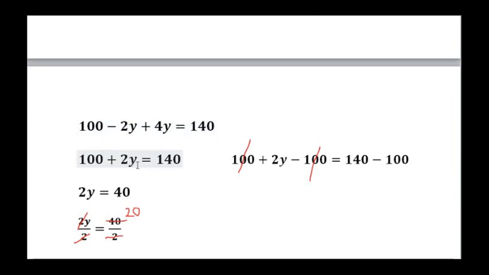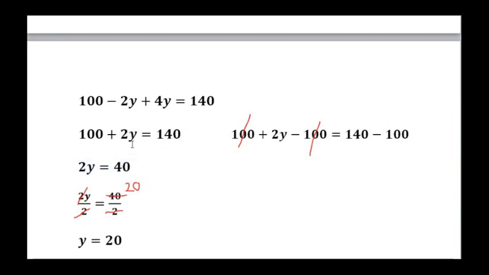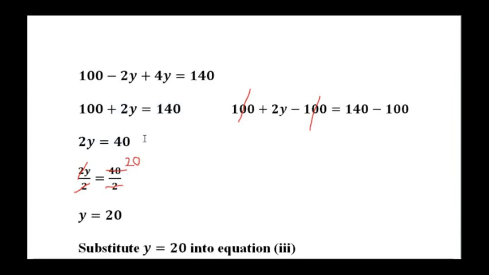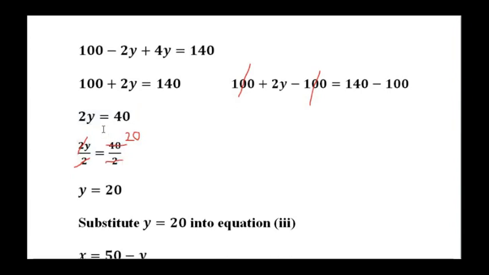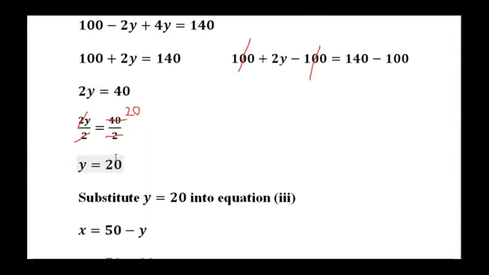We are solving this equation for the variable y. Therefore, I'll subtract 100 from both sides of the equation. We get 2y = 40. Now, it's time to divide this equation 2y = 40 by 2. We get y = 20.